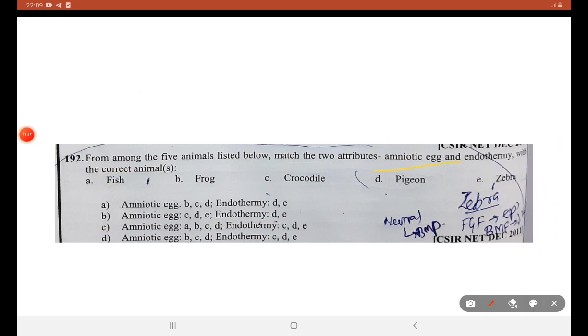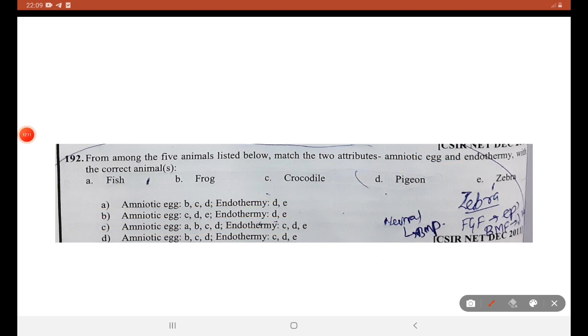But you may have a doubt that we have seen the pigeon egg and the crocodile egg, which are not amniotic. This is very questionable. So how to eliminate options in this question becomes very difficult.